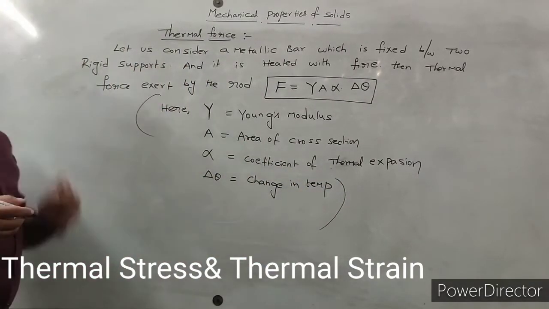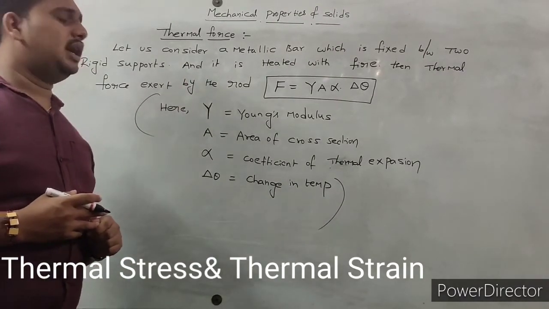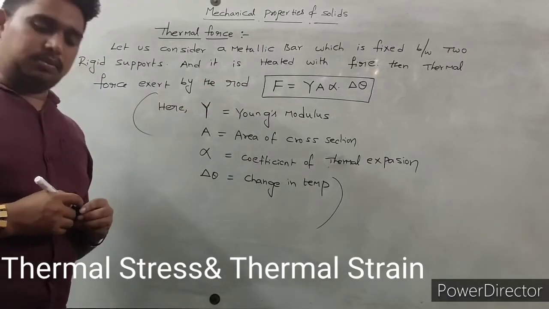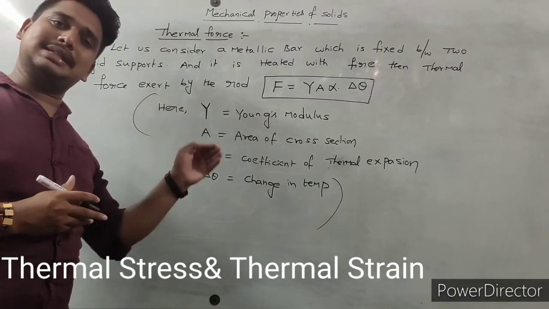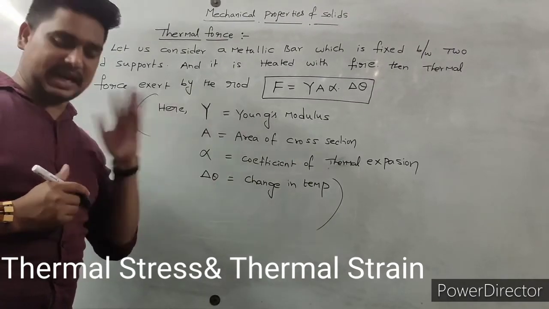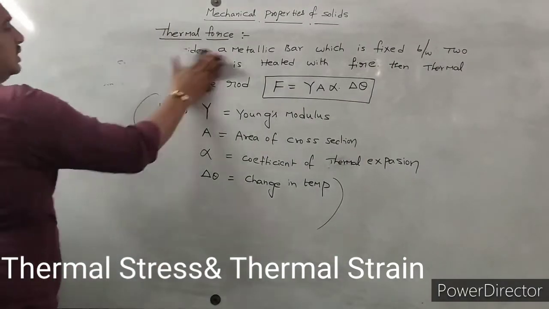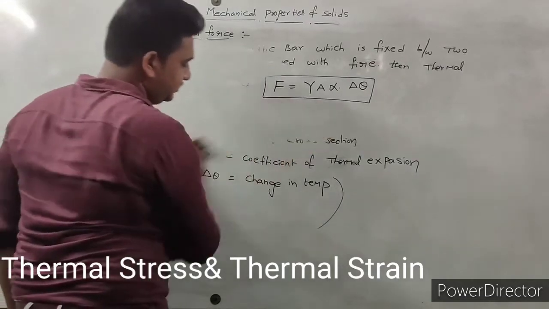So thermal force F is equal to Y A alpha into delta theta. Now we have the thermal force formula, and from this it is easy to derive thermal stress and thermal strain.